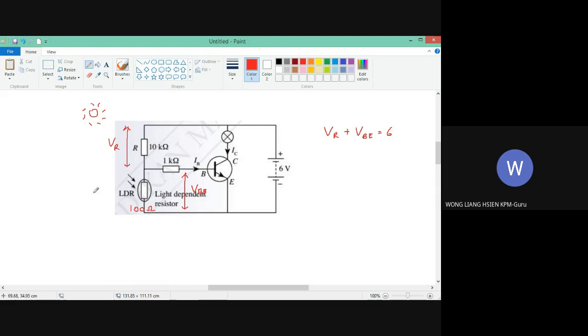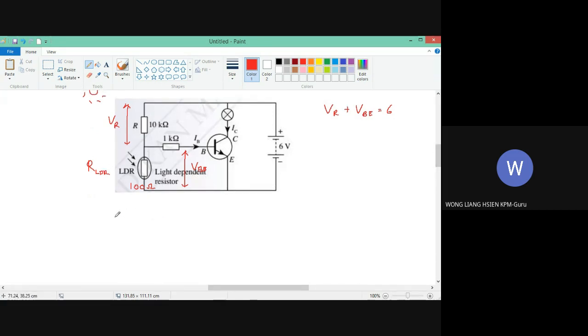That means the resistance of LDR over the total resistance, which is the resistance of LDR plus the resistance R, is equal to the ratio between the voltage of the base emitter, or the voltage that the LDR gets, over the total voltage, in this case 6 volt.